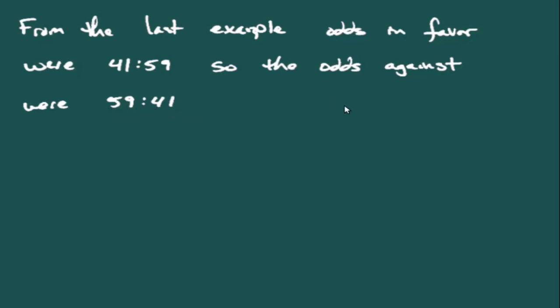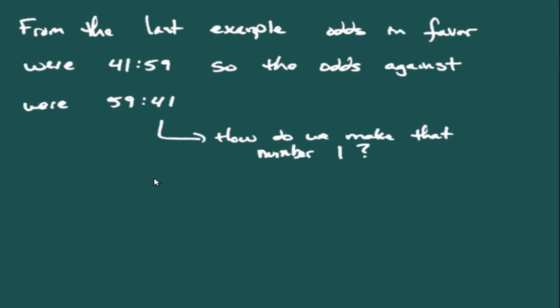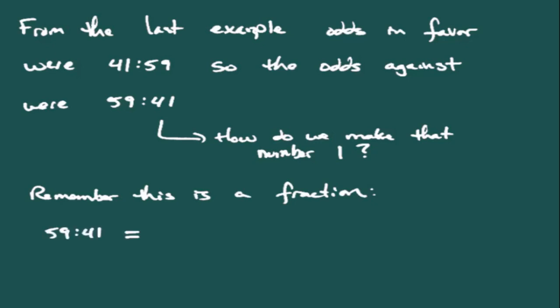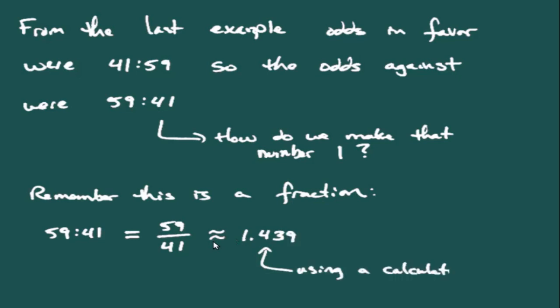So the question is, how do we make that second number 1? Well, we do that by remembering that our 59 to 41 is really just a fraction. So 59 to 41 is 59 divided by 41. Well, if we put that into the calculator, it's going to hand us something that's approximately 1.439.